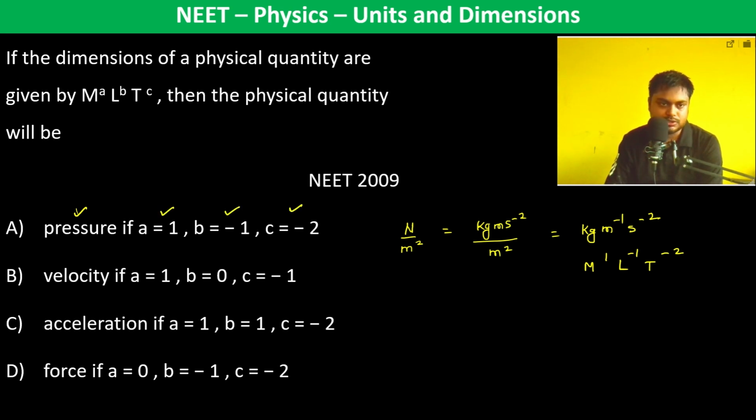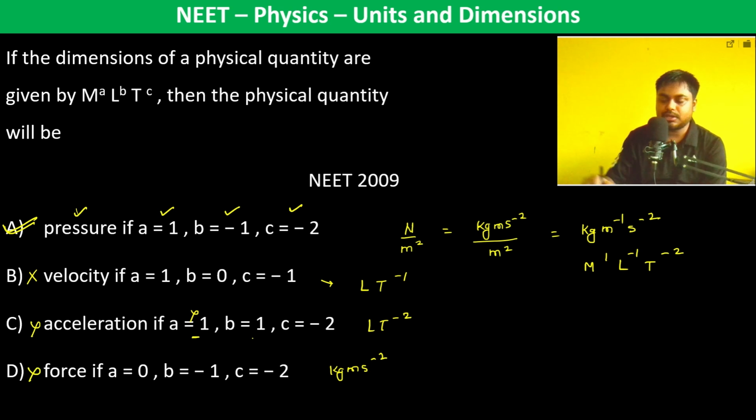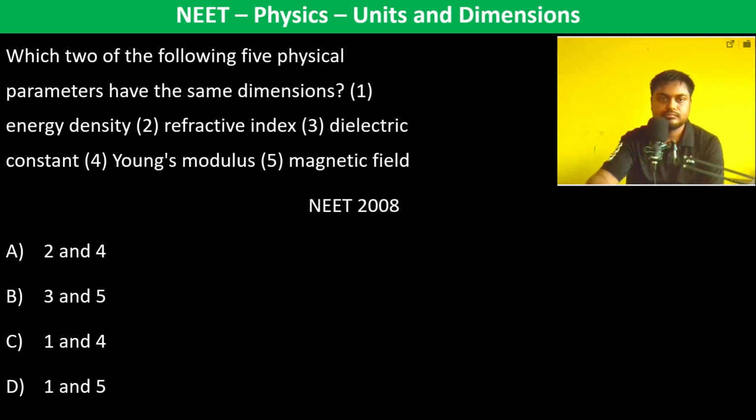Okay, so this is correct. For velocity, it's going to be meter per second. So L T minus 1. So B is going to be 1. No. Acceleration, L T to the power minus 2. Where is A coming from? A is not there. And force, Newton, so that is kg m s minus 2. So A has to be 1. Gone. So therefore A is the answer.